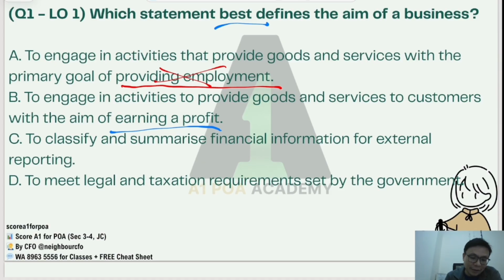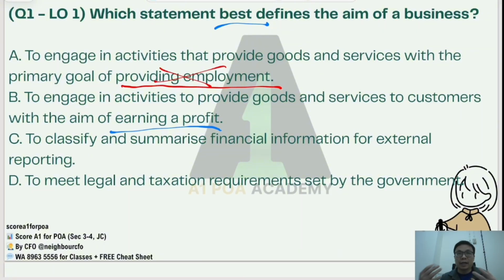Let us now take a look at C. To classify and summarize financial information for external reports. I would say that this is the after activity, a post-event activity.